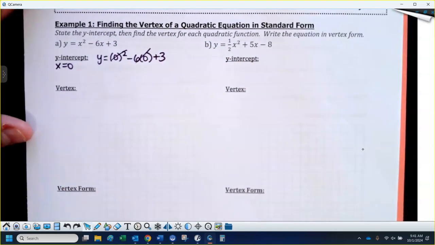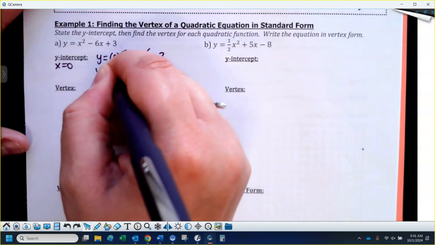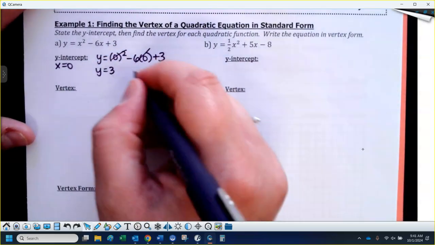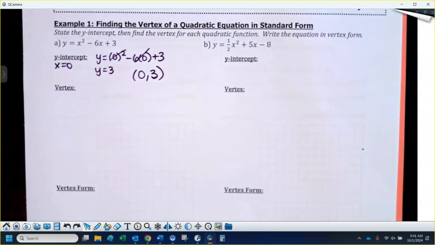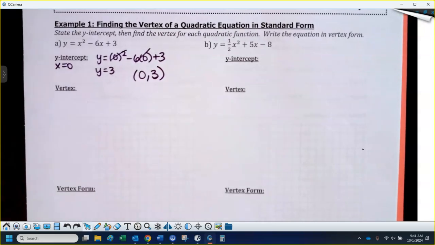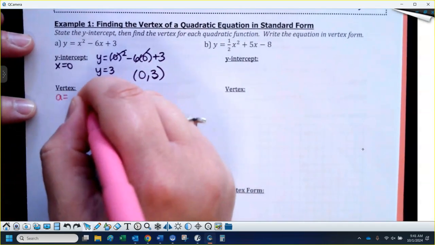Both of those first two terms get wiped out because you're multiplying by 0, and you'd be left with 3. So the y-intercept of that first little equation is just (0, 3). You don't have to do all that work; I'm just trying to show you where it comes from. Plugging in 0 gives you where the graph crosses the y-axis. Now, to find the vertex, you're going to need negative b over 2a.